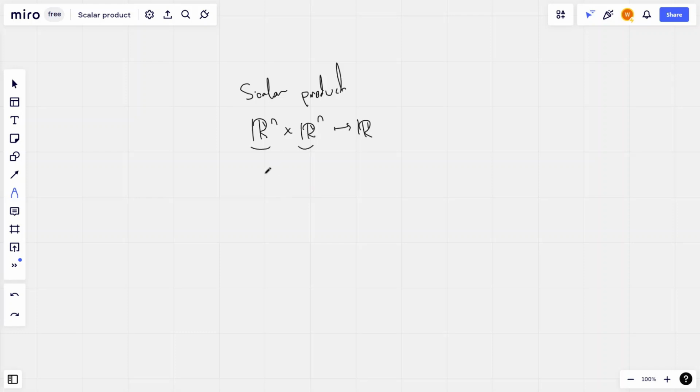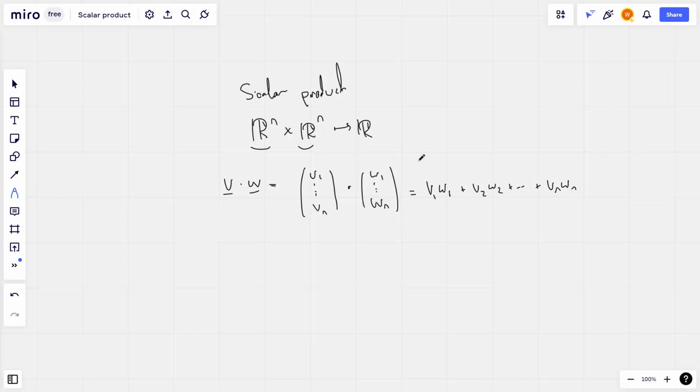Okay. So to define it properly, if we have some v dotting with some w, writing it as its components, this is equal to v1 times w1 plus v2 w2 plus ... vn wn.